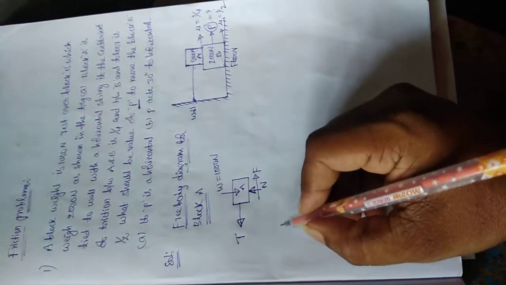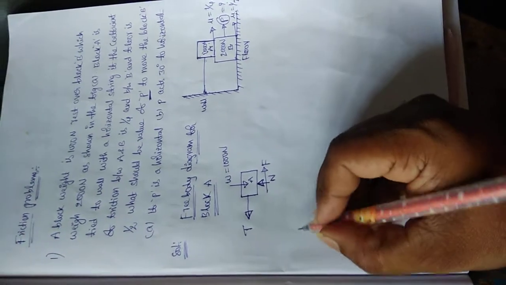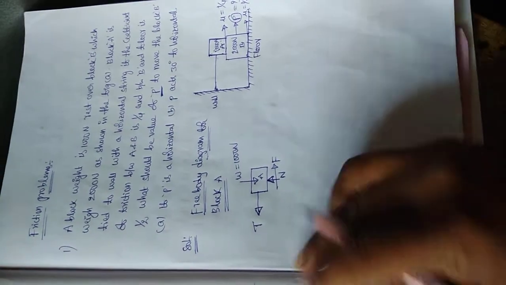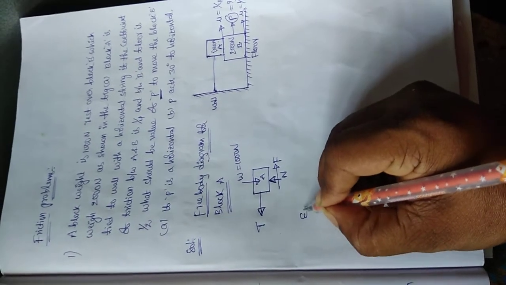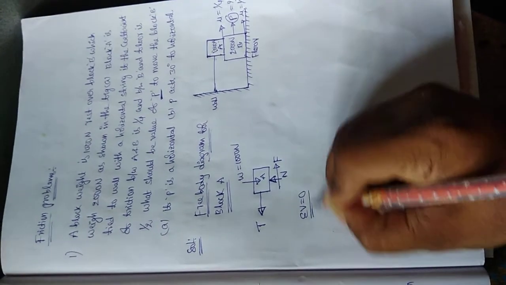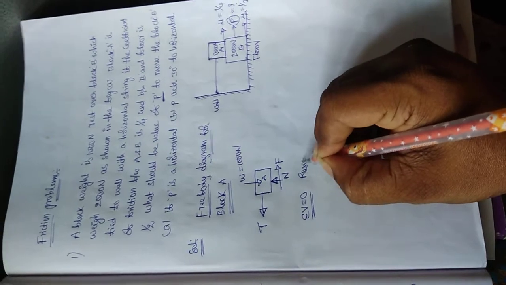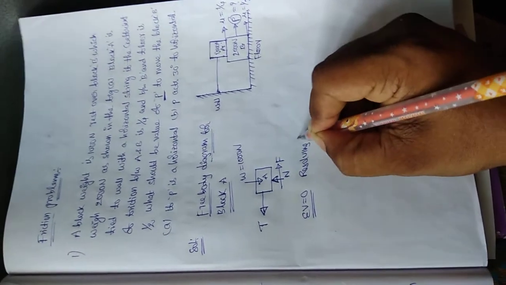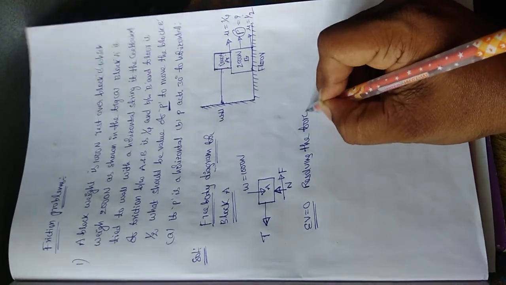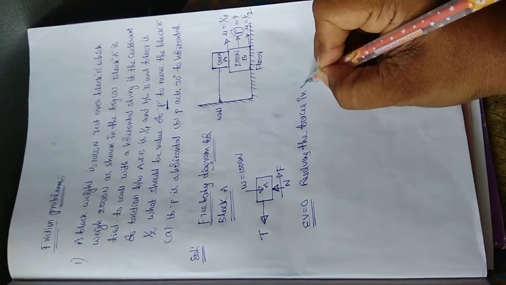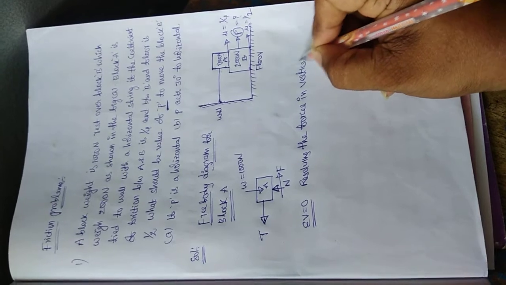By using this free body diagram, we are resolving the forces in vertical and horizontal directions. Sigma V is equal to 0 means resolving the forces in the vertical direction.